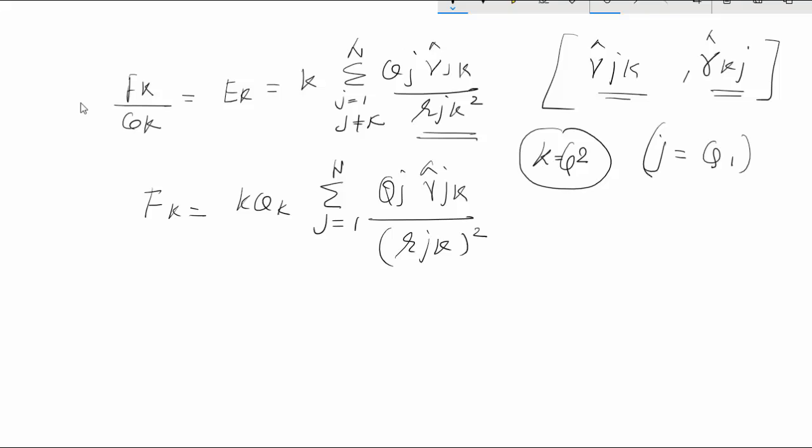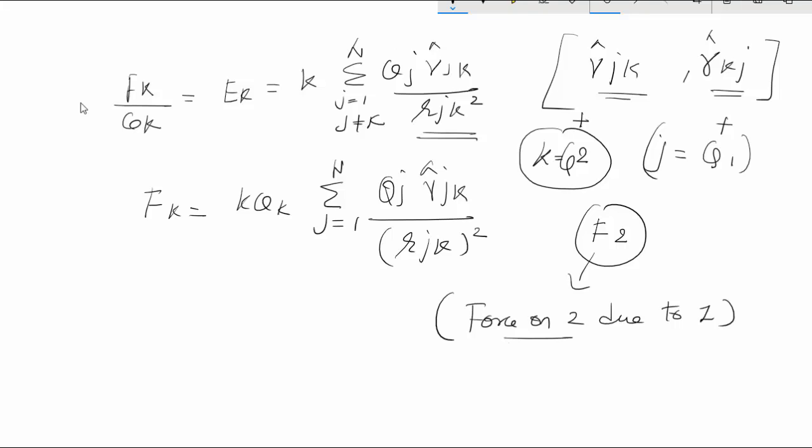If both are positive and you are finding F2, the force on 2 due to 1, the force will always be repulsive, and your distance here will be r12. So r12 will be rjk in this case, because this is your j and this is your k.